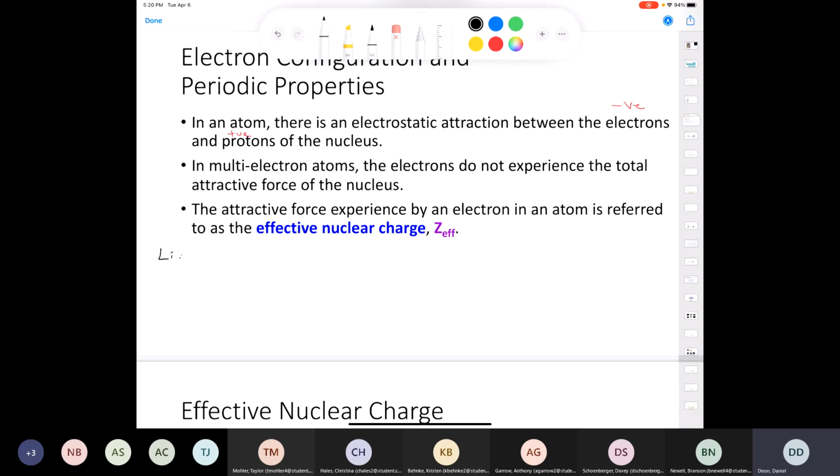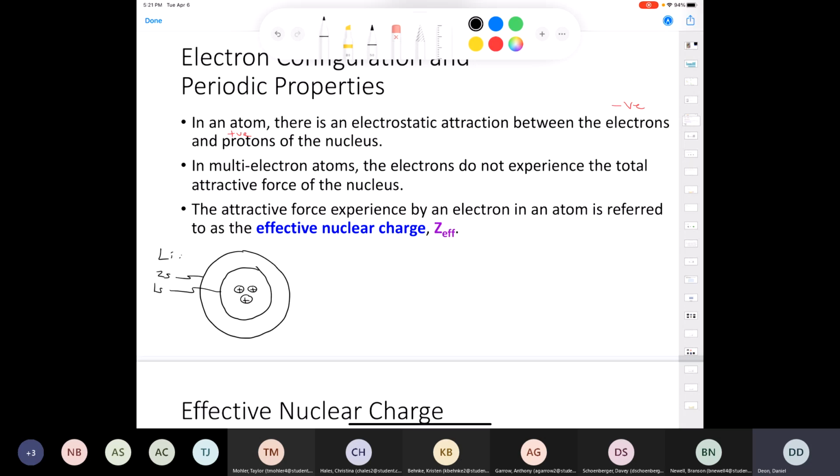Lithium is the third element in the periodic table. It has 3 protons in the nucleus, so I'll put 1, 2, 3 protons in the nucleus of a lithium. Well, I've got a 1s orbital, and I've also got a 2s orbital, right? This is the 1s, this is the 2s. 2s is a higher principal quantum number, and therefore it should be bigger.